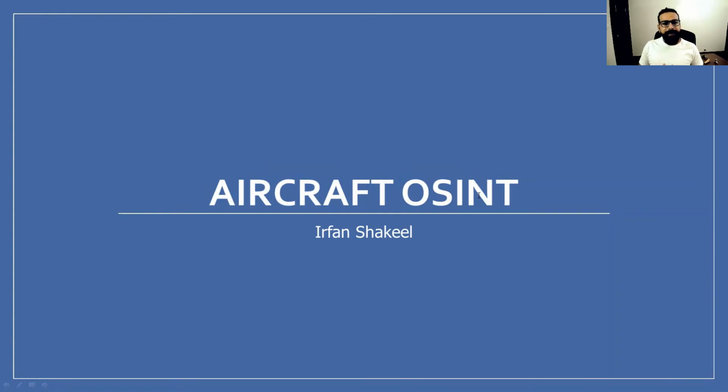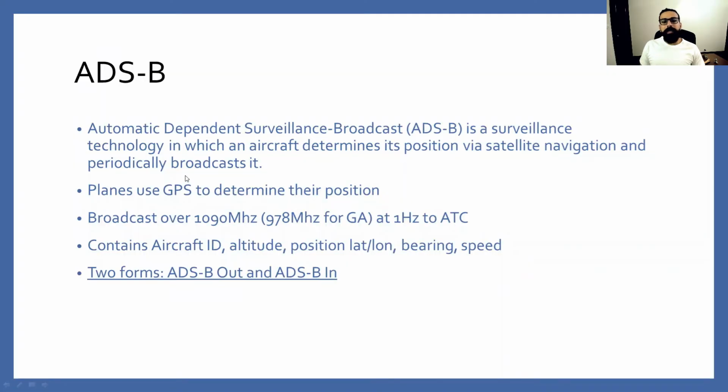At first, let's see the weakness of the system that can cause huge damage. Automated Dependent Surveillance-Broadcast, or ADS-B, is a surveillance technology in which an aircraft determines its position via satellite navigation and periodically broadcasts it. Now imagine you are a pilot flying an aircraft and suddenly the ground controller yells that another aircraft is coming your way.